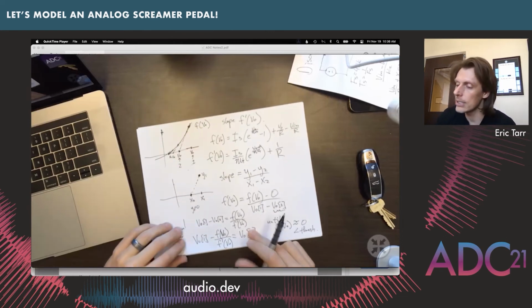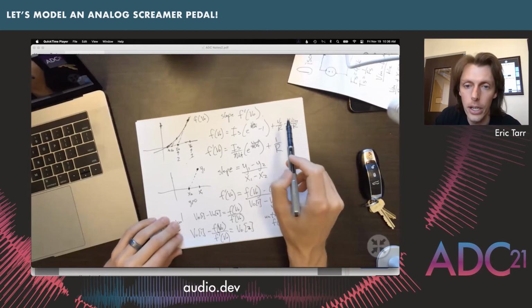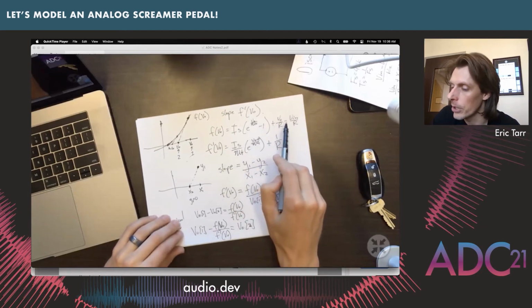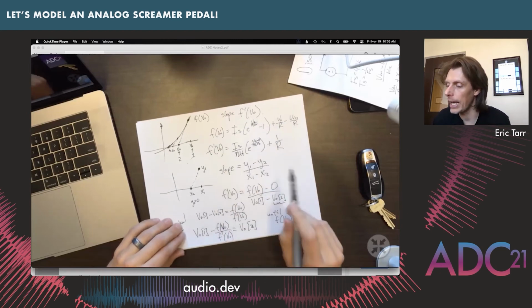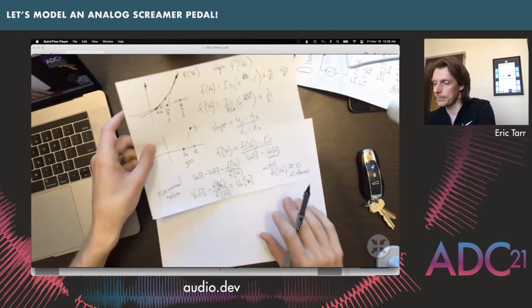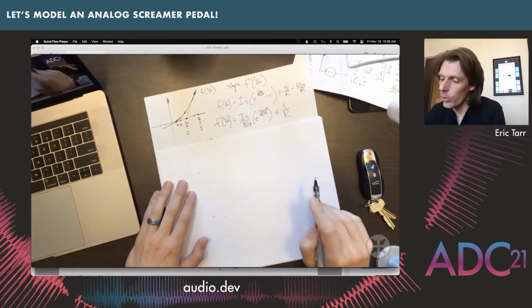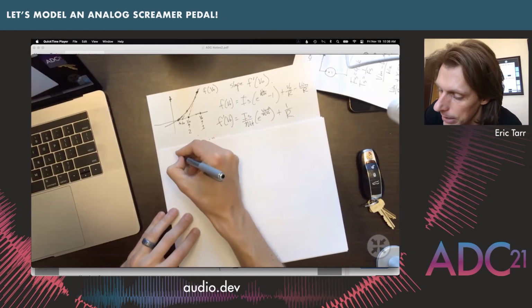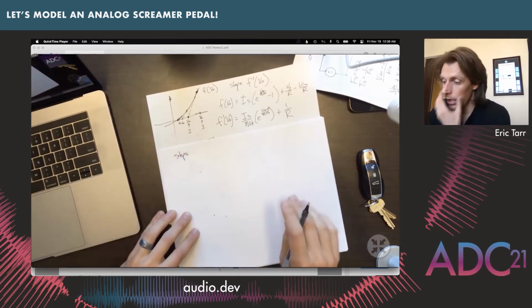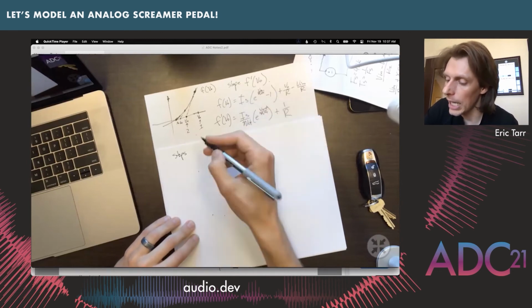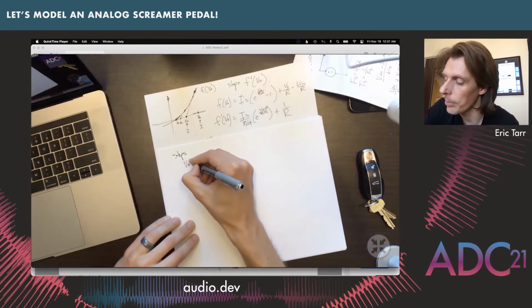Let's just write out the pseudocode for this one before we get to the tube screamer. So the first thing we would do is initialize V out to something.